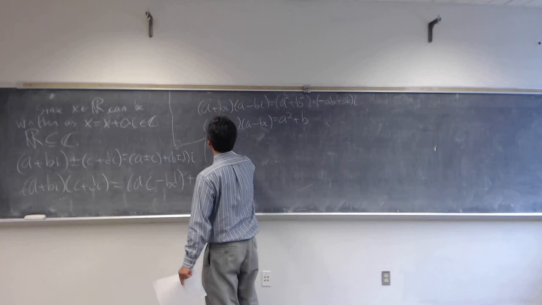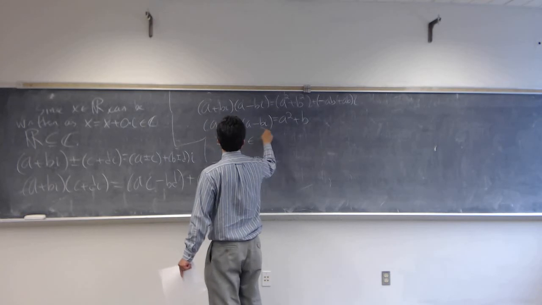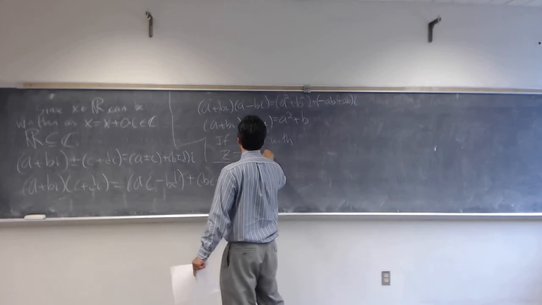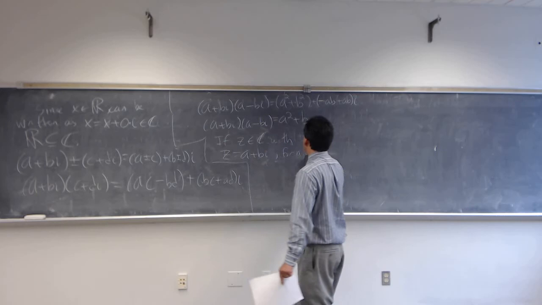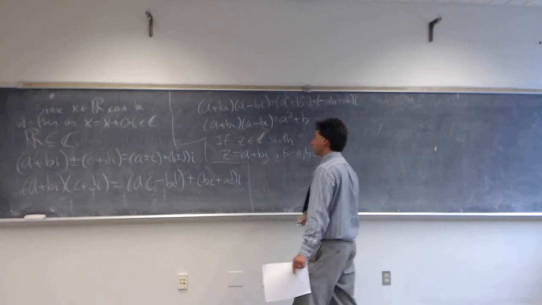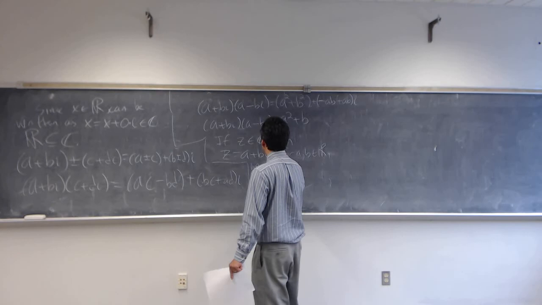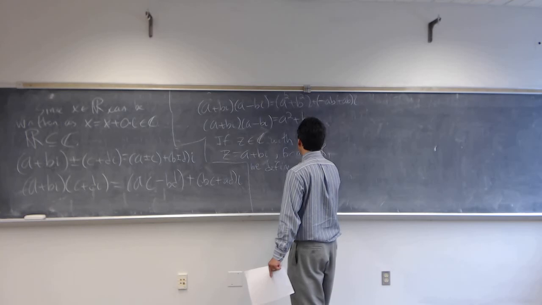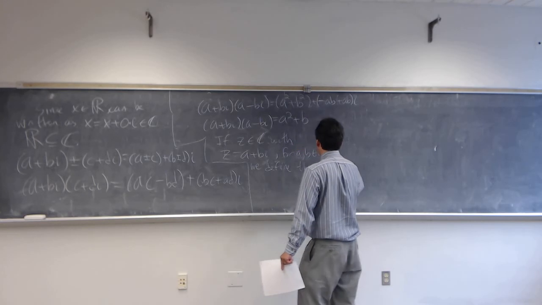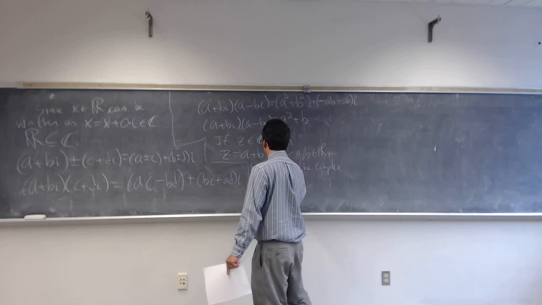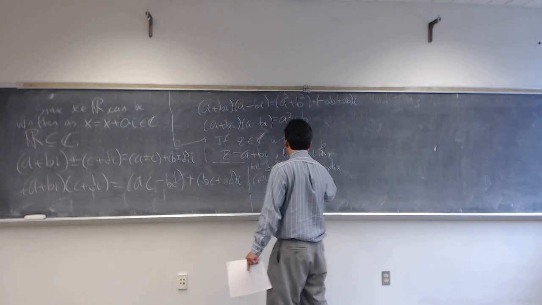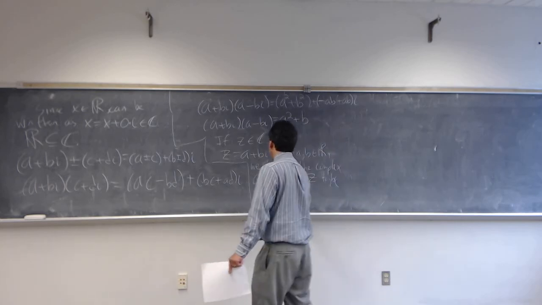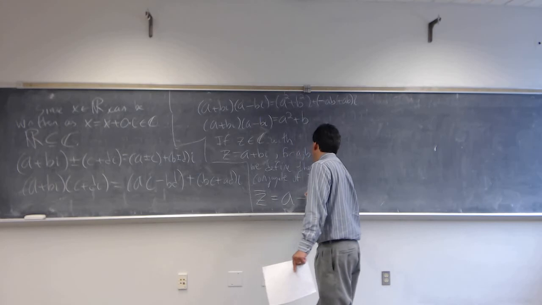And so if z is a complex number with z equals a plus bi for two real numbers a and b, we define the complex conjugate of z, with a bar over it, read z bar, to be a minus bi.